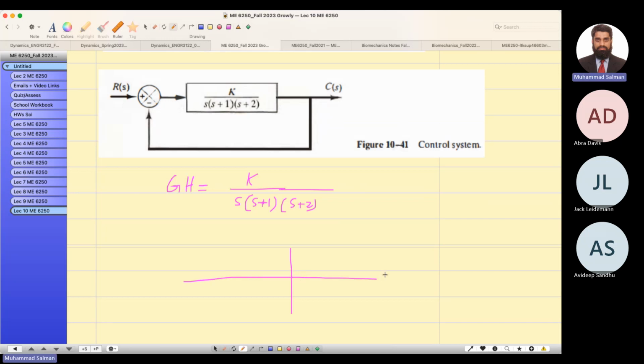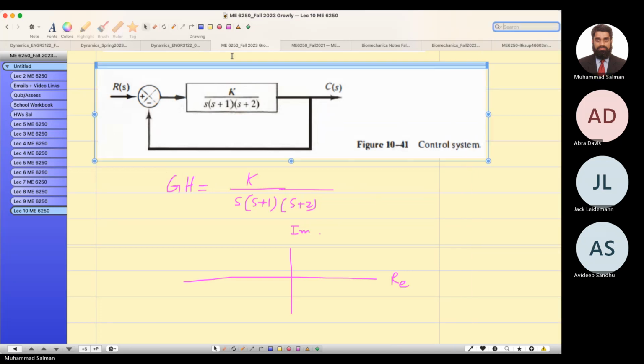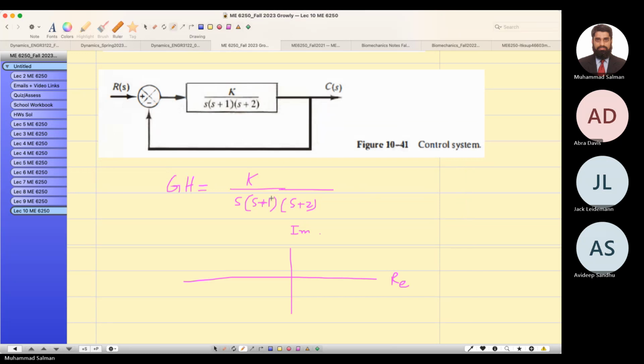So this is my real axis. This is the imaginary axis. So how would you draw the roots? What is S? How many roots are there: S1 equals 0, S2 equals -1, S3 equals -2.